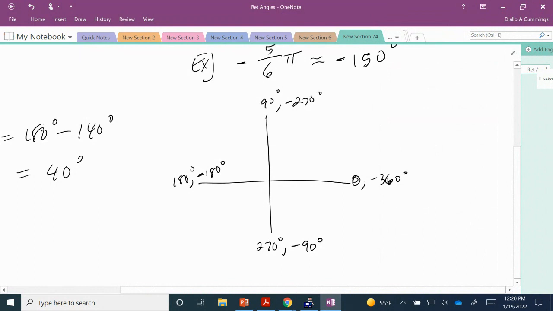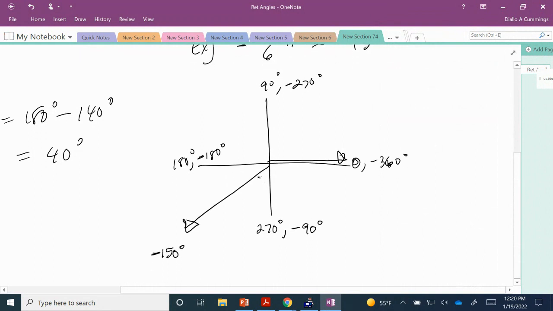So that means that a negative 150-degree angle should lie in the third quadrant. Negative 150 degrees, right, that angle is in the third quadrant.